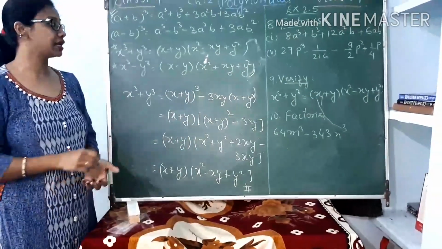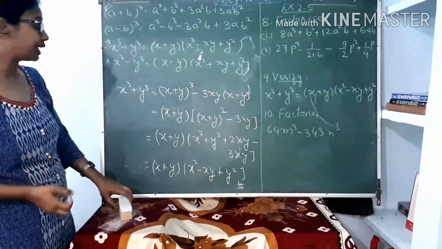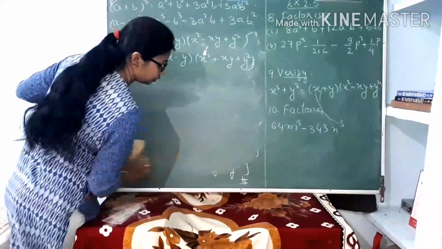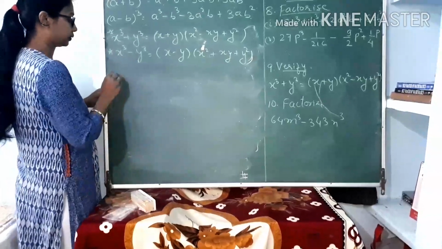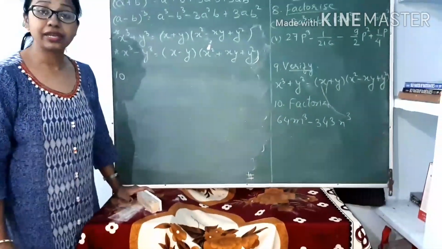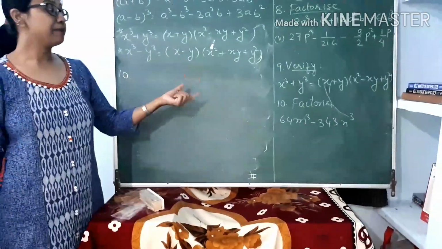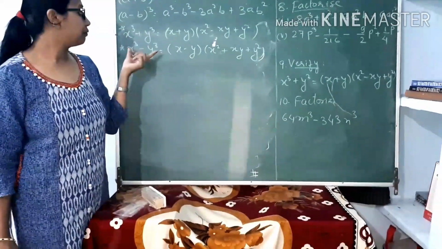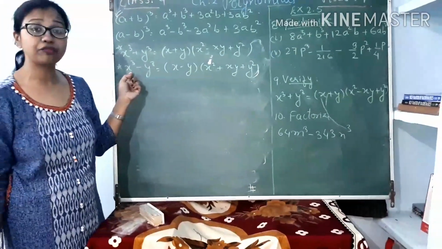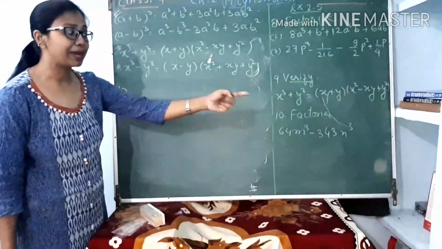Now let us discuss question number 10. 64m cube minus 343n cube. So now this is similar to the identity which we have proved just now, a cube minus b cube.